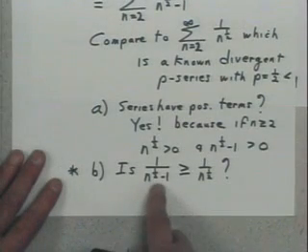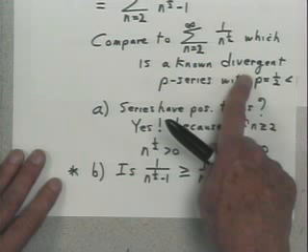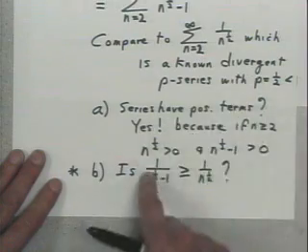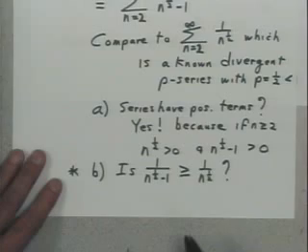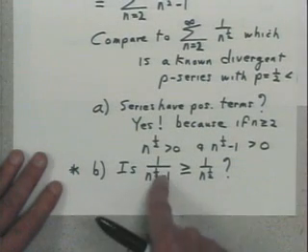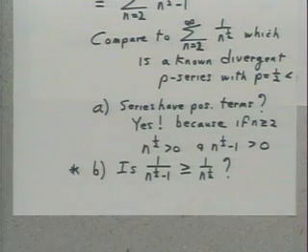Now, why do I have to have this term greater than or equal to that? Because I'm comparing it to what kind of a series? A divergent one. And if you want to compare it to a divergent series, you've got to make sure your terms are bigger than that one, otherwise it's no good. Now, if I was comparing to a convergent series, I'd want these terms to be less than or equal to that. Okay? All right. Now, how do you make that argument?